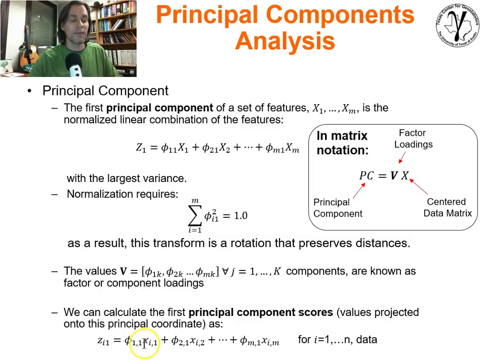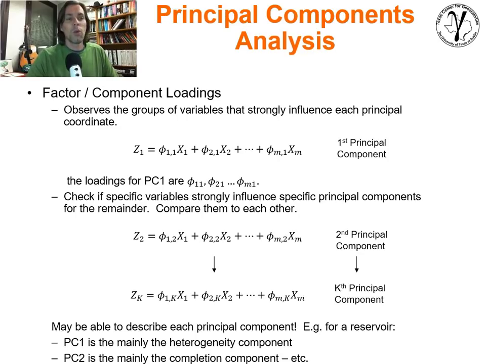We just apply these factor loadings to each one of the variable values, and we'll get the associated first principal component score for data number 1, data number 2, and so forth. And so we can repeat that for each one of the principal components. For the first principal component, we would use the component loadings associated with that first principal component. As you can see here, these are all related to the first principal component. For the second principal component, you use the loadings associated with the second, and so on up to the kth.